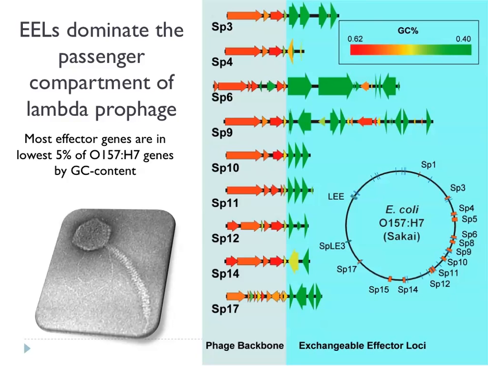The thicker blocked arrows are each an effector as judged by homology. So there's a remarkable congruence of evidence from genomic context, GC content, and homology, all fingering these particular effectors at the end of these prophages. So there's like a passenger compartment in the phage genome, if you like.